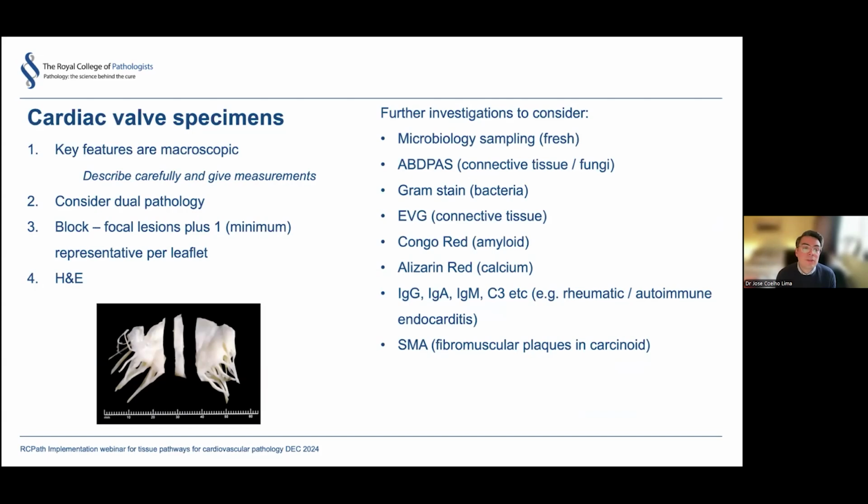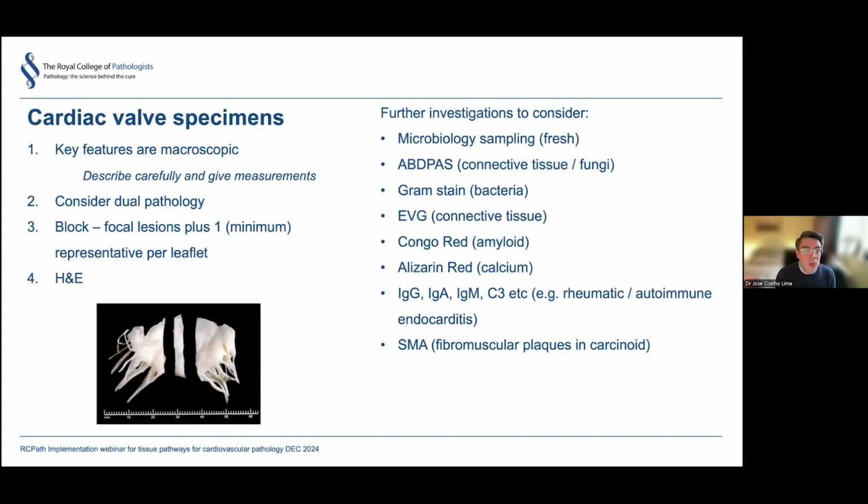Is there any fusion of leaflets, prominent calcification, or the presence of vegetations? Are there any changes consistent with carcinoid heart disease, for example? One should also consider the presence of dual pathology, so careful examination is paramount.